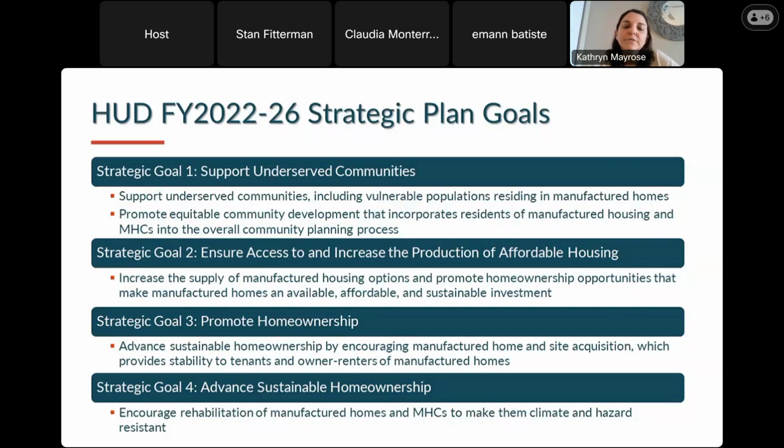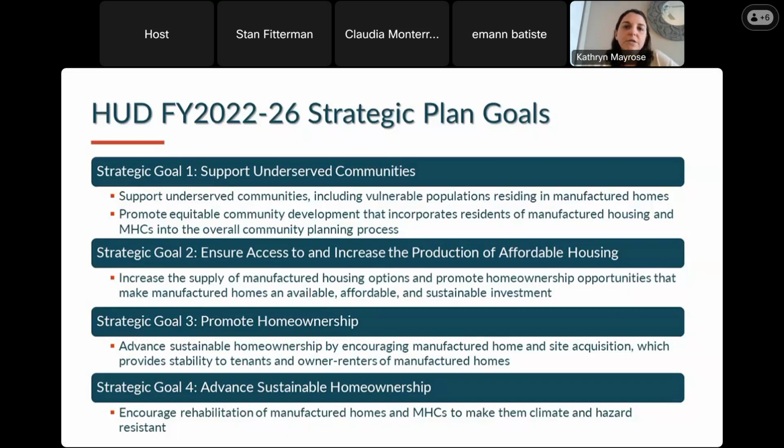Another goal is to ensure access to and increase the production of affordable housing. That means taking efforts to support affordable housing production and promoting homeownership opportunities, to make sure that manufactured homes are seen as an available, affordable, sustainable investment for people. The third goal is to promote homeownership, advancing homeownership by encouraging manufactured home and site acquisition.